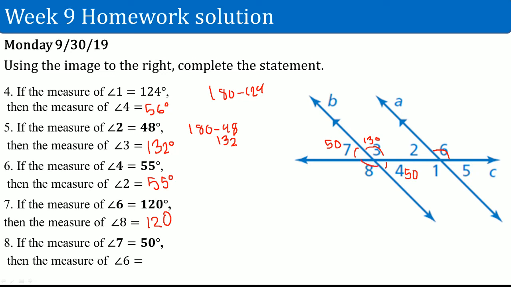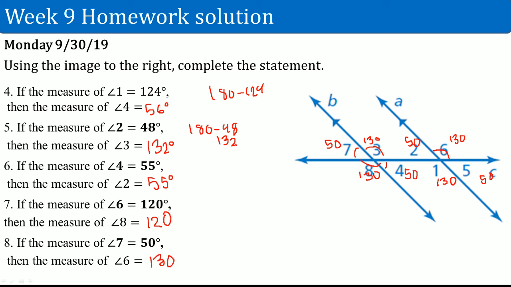So this has to be what? 130. Put all these angles over here. So number 2 is 50 because 50, 50. To the right of it is 130. Bottom right, which is 50, and bottom left is 130. Okay? What matched up? Angle 6 is 130, so you were right. It's 130. Okay? There you go.